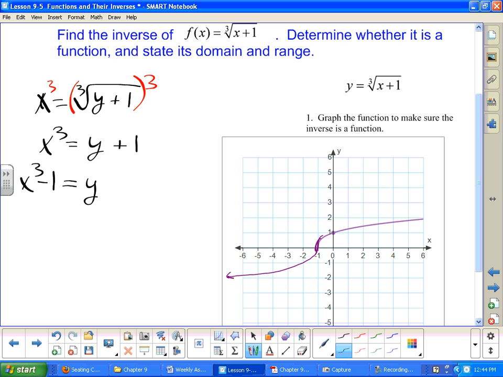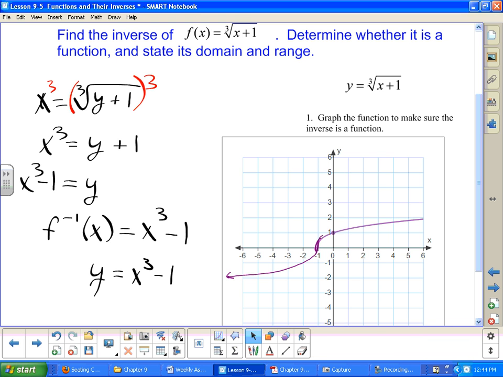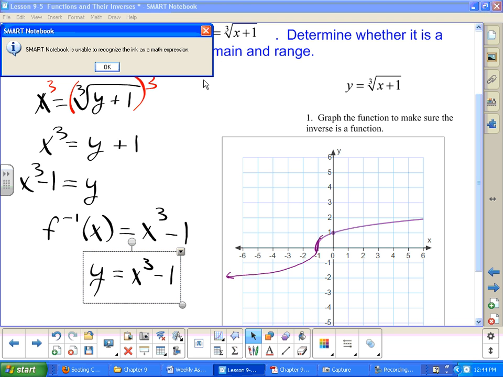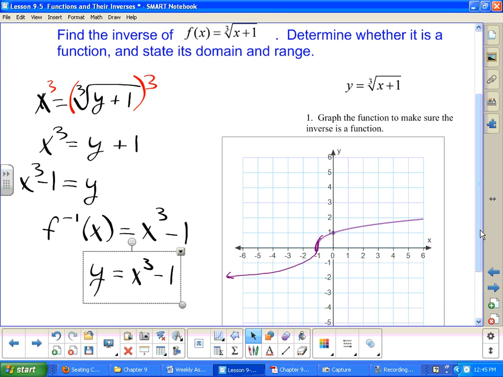Now, we said it's a function, right? Okay. Since we said it's a function, then we have to use inverse notation. If it was not a function, then we would just continue to say y equals. But since it's a function, we have to use inverse notation. All right, then they want us to find the domain and range.